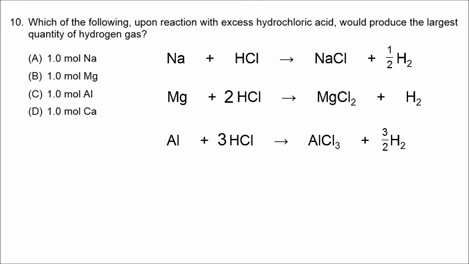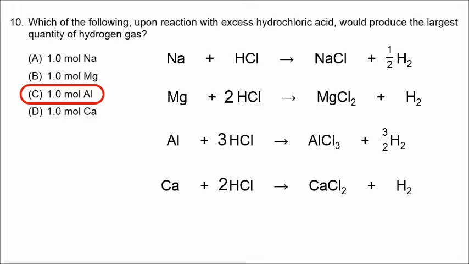In all of these equations, we have 1 mole. Calcium's in the same family as magnesium, so it would balance in the same way. So as you look at these 4 balanced equations, the one that would produce the largest number of moles of hydrogen gas, starting with 1 mole of the element, would be aluminum.